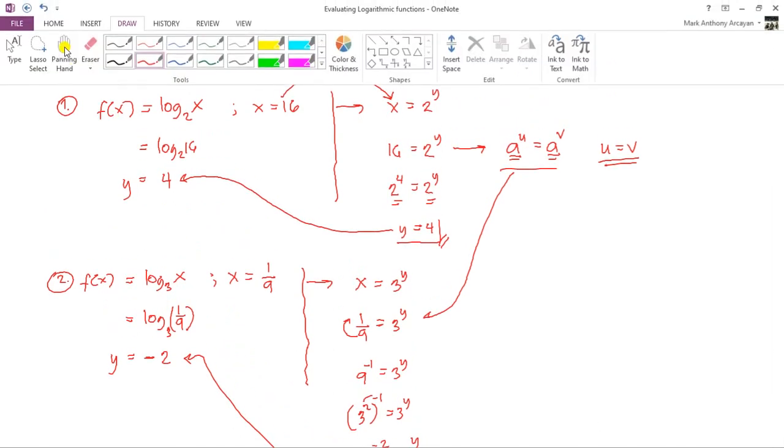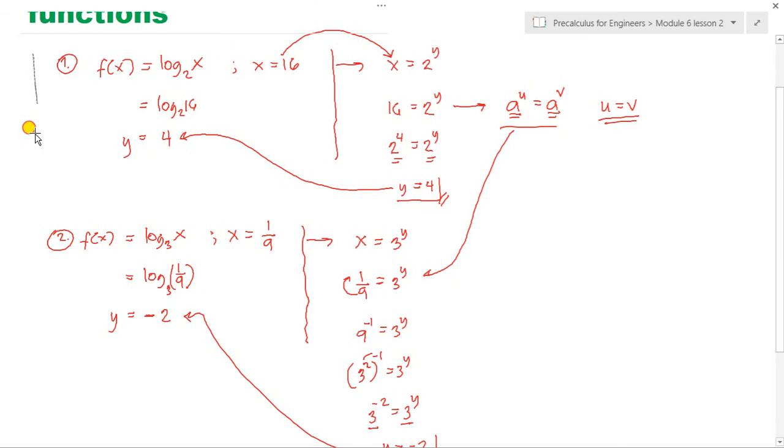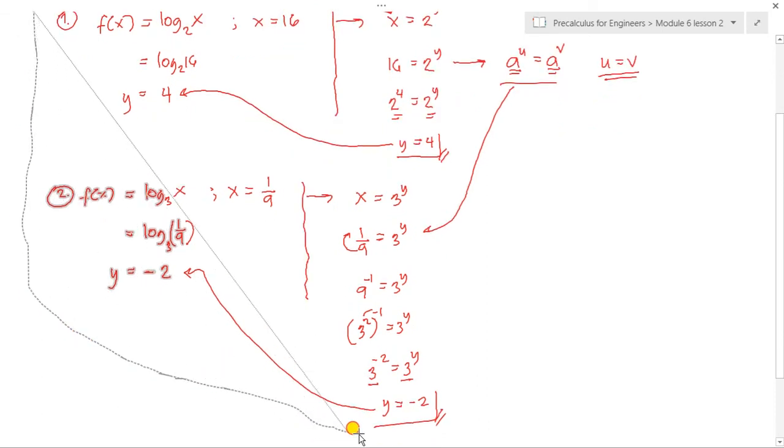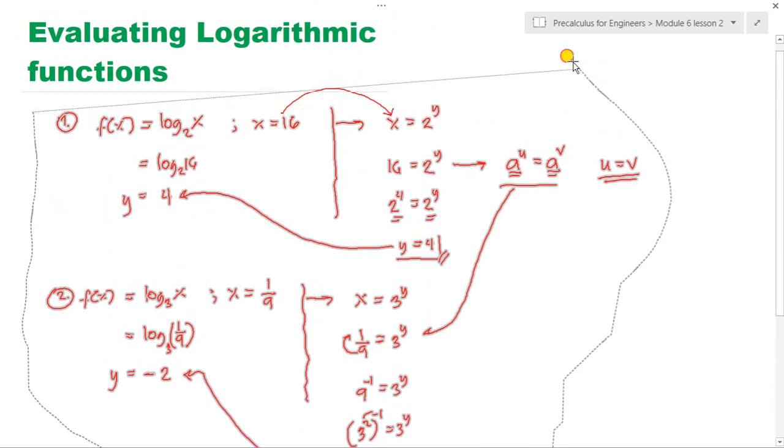So let's try another example. We have here the third example. We have f of x equal to log of x to the base 5, such that the value of our x here is equal to 125.